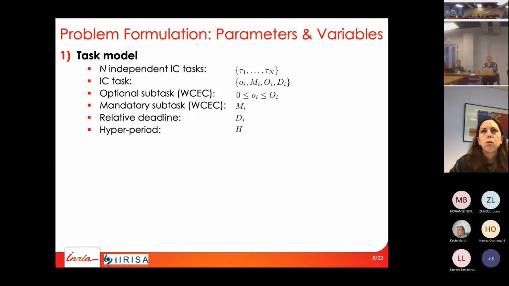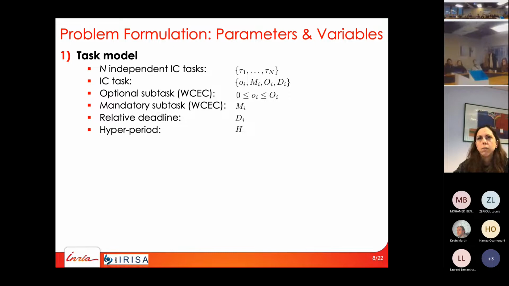So going now a bit into the problem formulation, we have a task model that consists of n independent imprecise computation tasks. An imprecise computation task is described by this table you can see there. The O_i corresponds to the actual execution cycles for the optional subtasks, and this can be between 0 and the capital O_i.